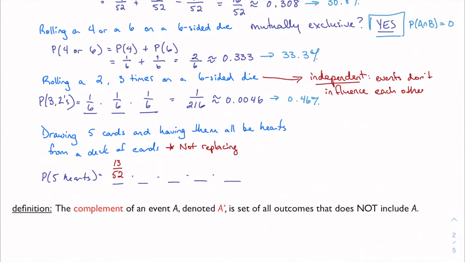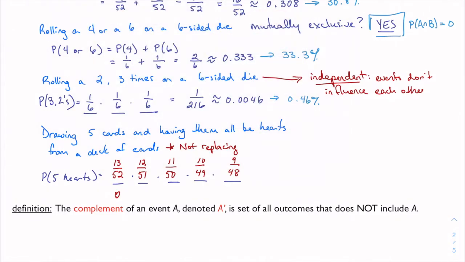So we're going to assume that this was a heart. I did good. So now there are 12 hearts left in the deck, and there are 51 cards left to choose from because I set that first card aside. Likewise here, 11 hearts left in the deck, 50 cards left in the deck. 10 hearts, 49 cards. 9 hearts, 48 cards.